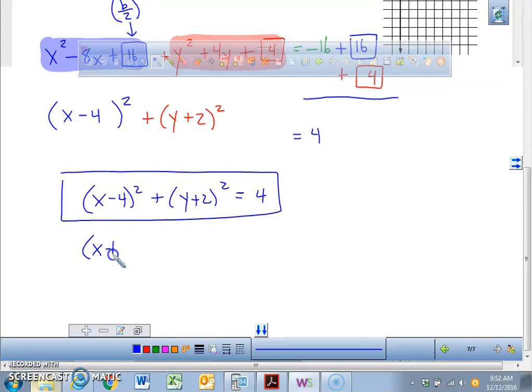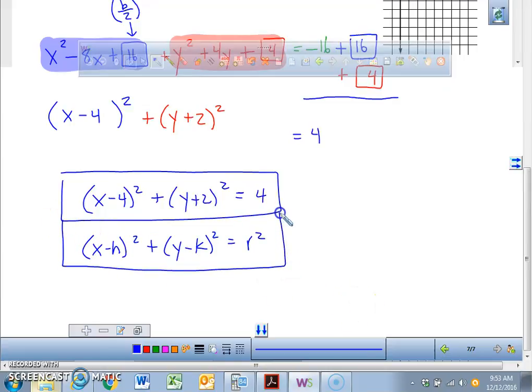Here's the standard form for the circle. That's your standard form right there. Okay? Now, this gives you your h value, it gives you your k value, and it also gives you your r value. What is the h value?